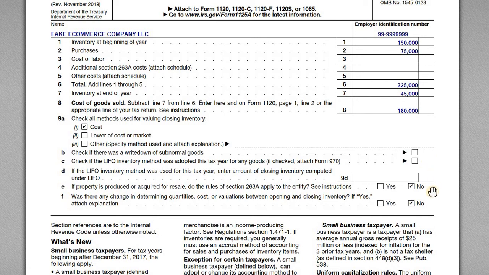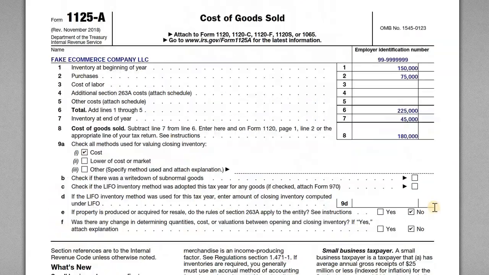Okay, and then questions E and F, answer these yes or no depending on how they apply to your company, right? So 263A doesn't apply here because they're a small taxpayer. And then no change in quantities, costs, or valuations between opening and closing inventory, right? So we're using the same valuation methods at the start of the year as we are at the end of the year, okay? And then that's the rest. That's it. That's all the form requires.